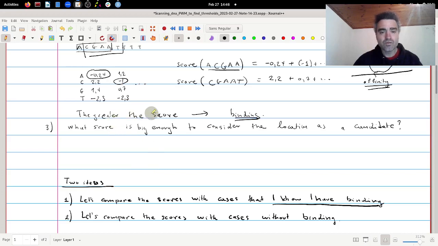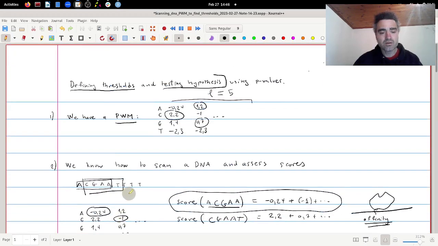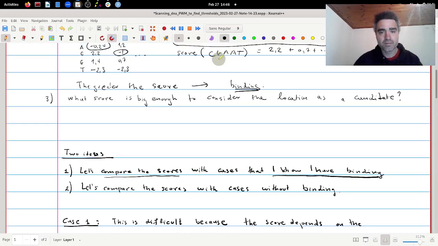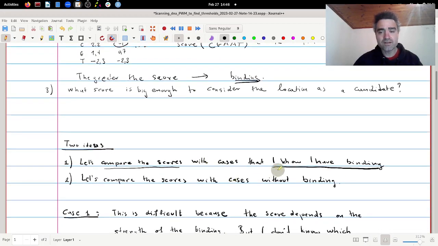Okay, so in order to find the score, we may explore two ideas. In both of these ideas, we need to compare the score that we get with some other values, so we will go by comparison. Now the first idea is to compare the scores that we get with cases where we know that we have binding.